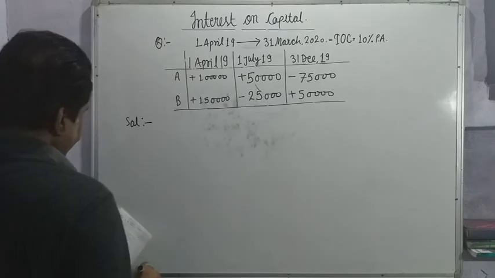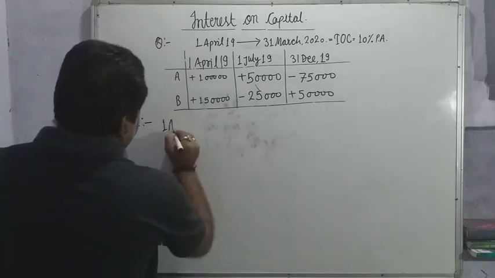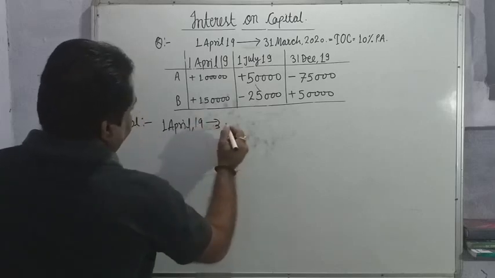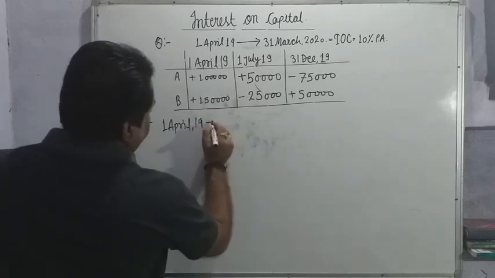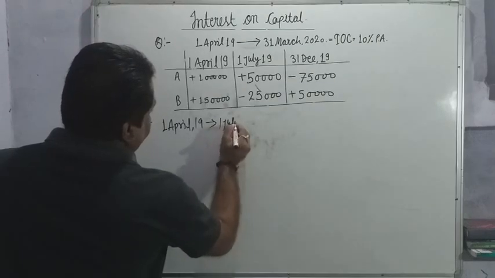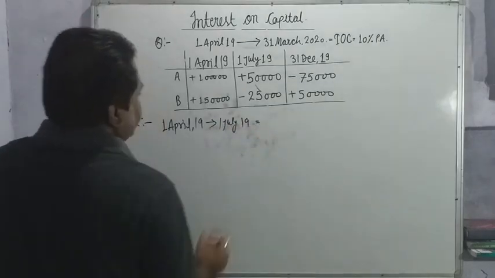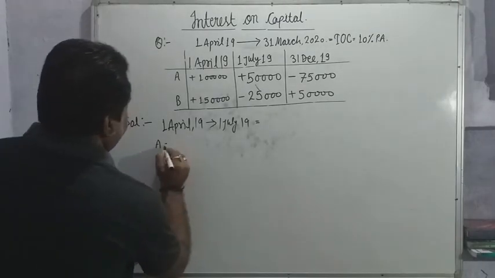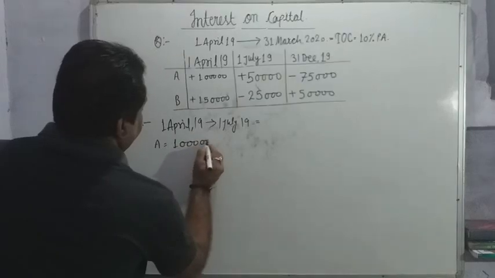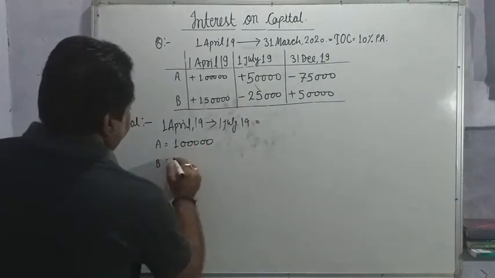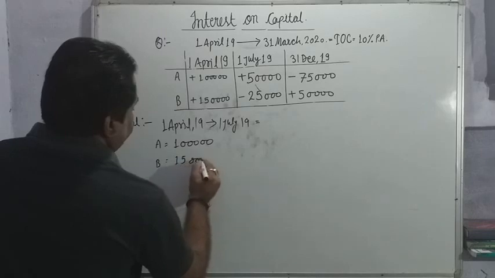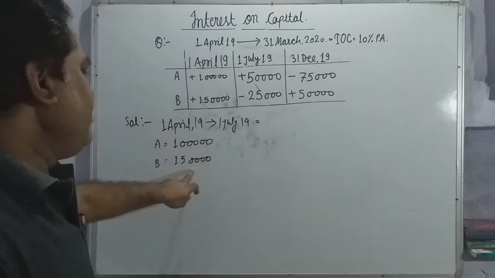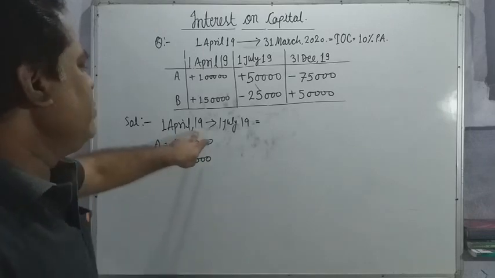See carefully: from 1st April 19 to 1st July 19, A has 1 lakh rupees and B has 1,50,000 rupees, and they hold this 1 lakh and 1,50,000 from 1st April 19 to 1st July 2019.